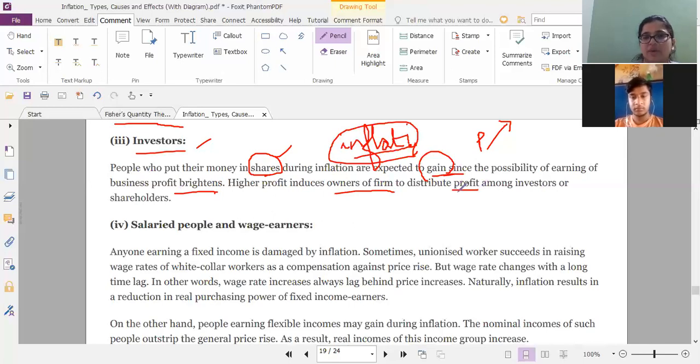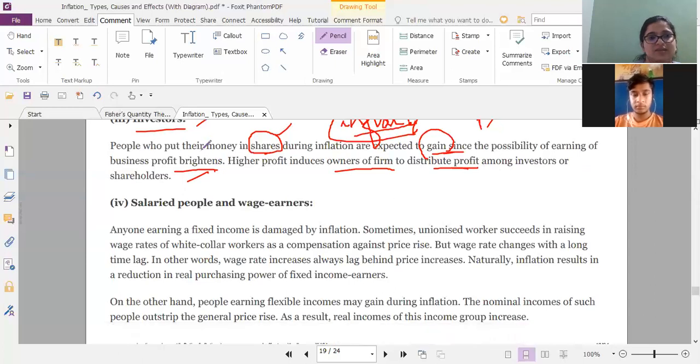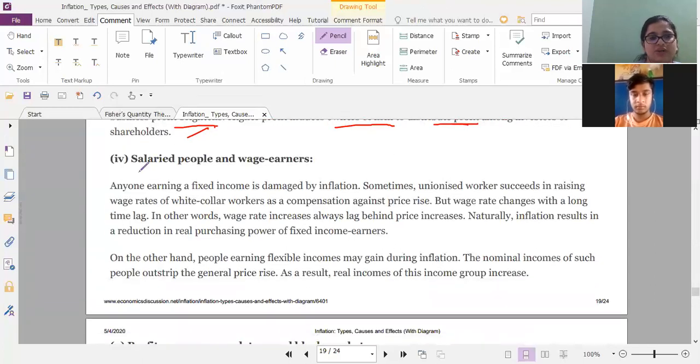In the share market, those who have invested will get a share of the profit from that firm. So this is how they gain. You must remember that investors are at gain, right? They are at profit.